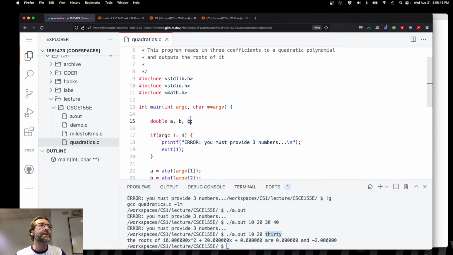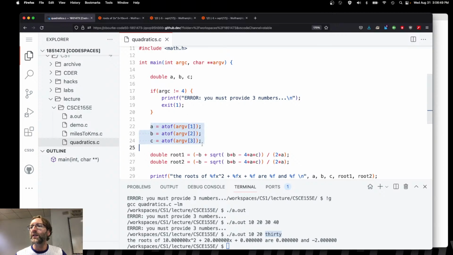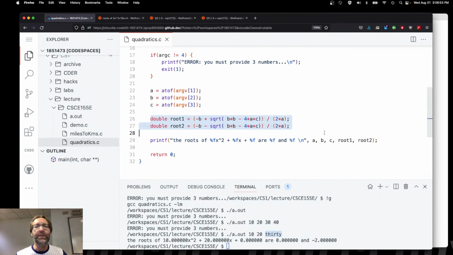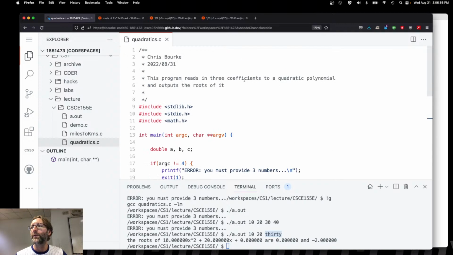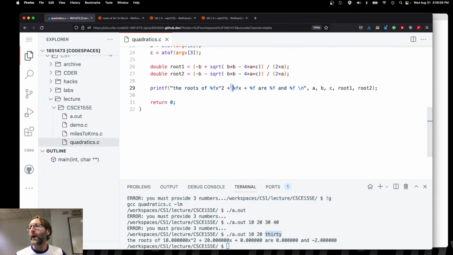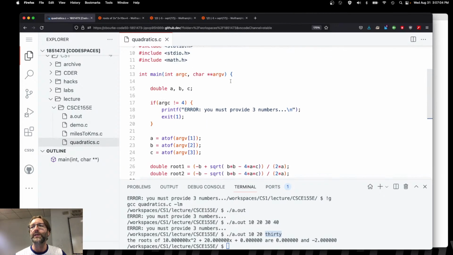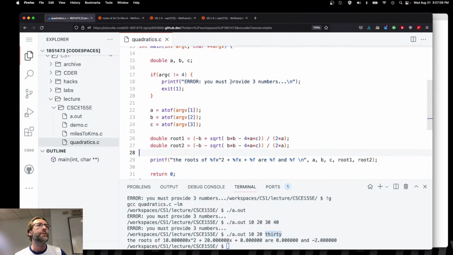Everybody now knows that this is declaring your variables. I don't have to put that in a comment. Everybody knows that this is reading command line arguments. You don't have to put that in a comment. You know what this math is doing because of this sentence up here. And you know what this print statement is doing. It's all self-explanatory, self-documenting. There should not be any comments in here in such a simple program at this point. Okay?